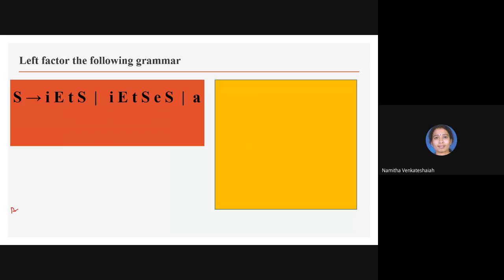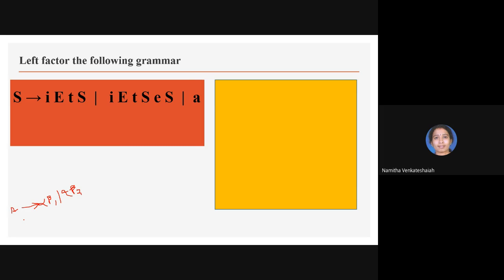A produces alpha beta 1 or alpha beta 2.